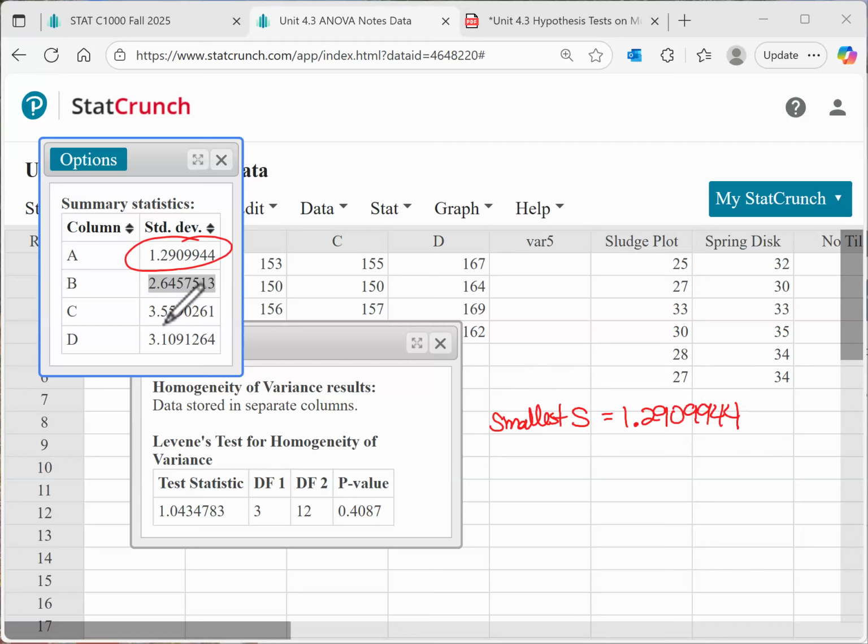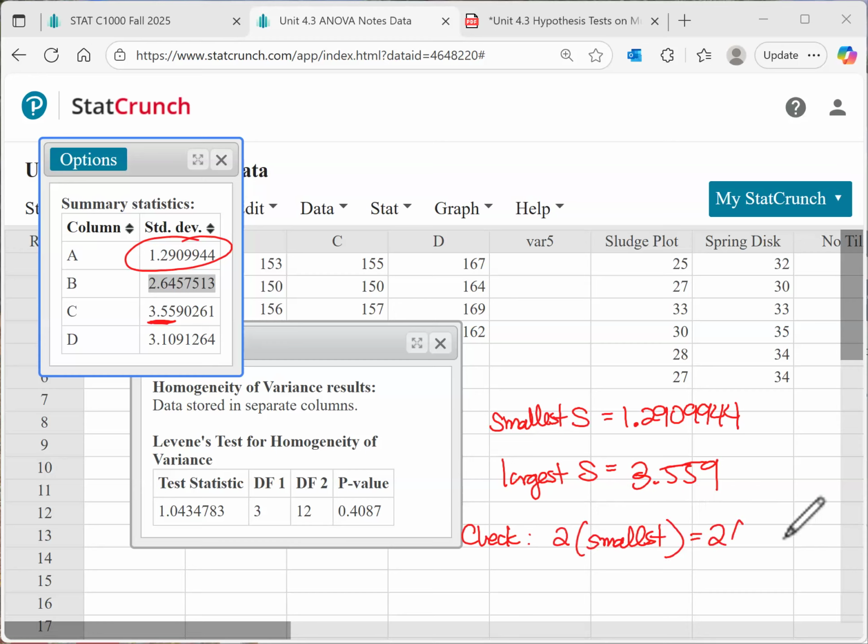And then the largest standard deviation, 2.6, 3.55, 3.10, is this one, 3.559. And then you check whether the largest, so basically the easy way to do it is you want to double the smallest one.